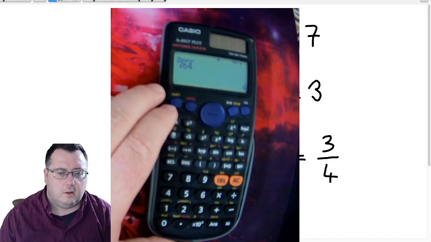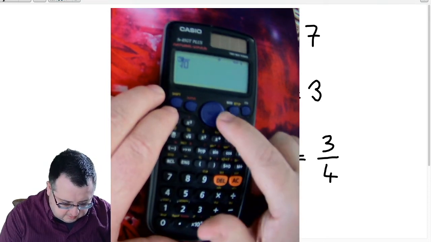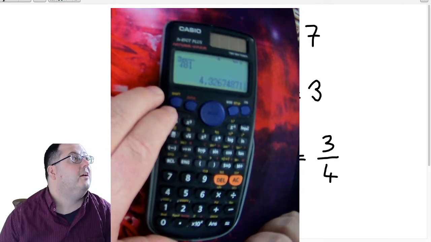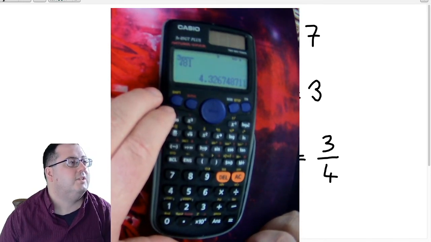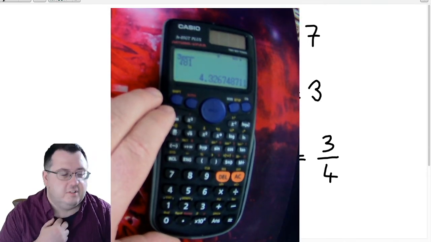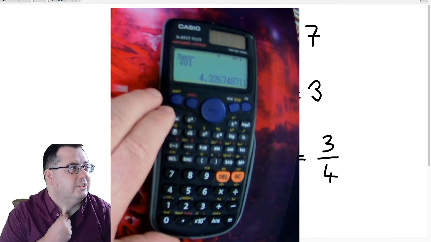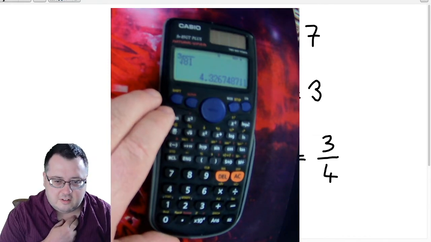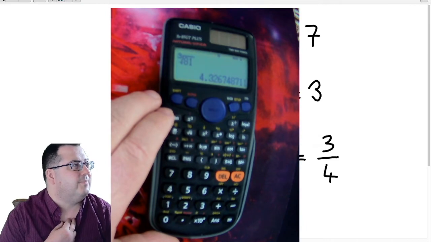Okay, and just to prove it to you, if I'd left it as 81, the cube root of 81 is not nice. 4.326748711. Not something I would have wanted to have written on the bottom or the denominator of that fraction. Okay, so big boo-boo there for me, but it shows that anyone can make mistakes in designing questions.